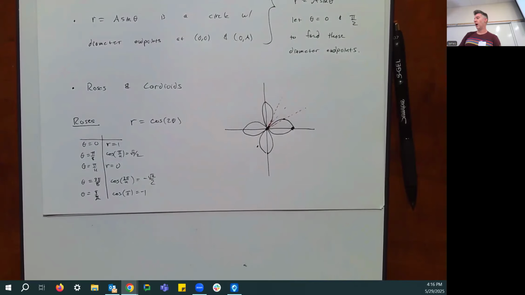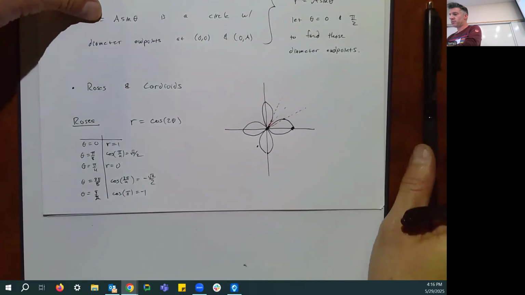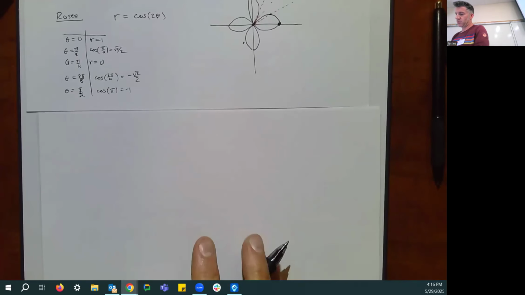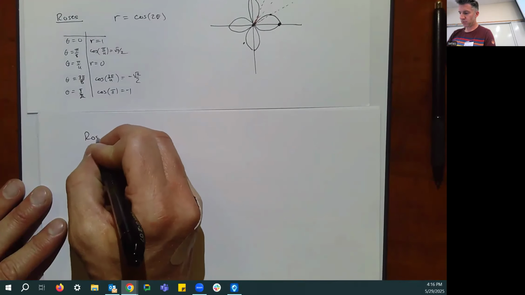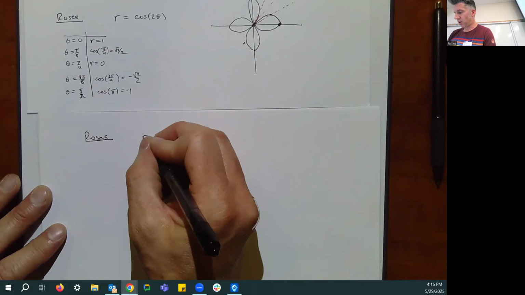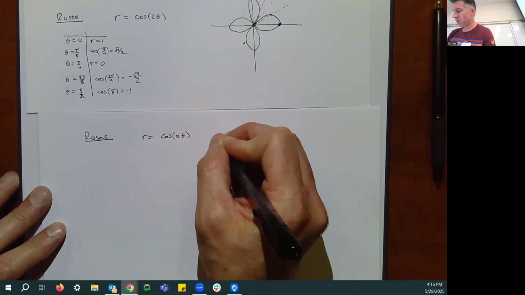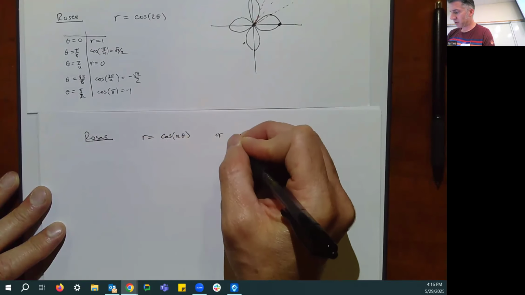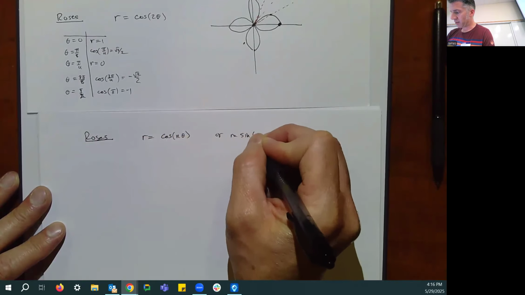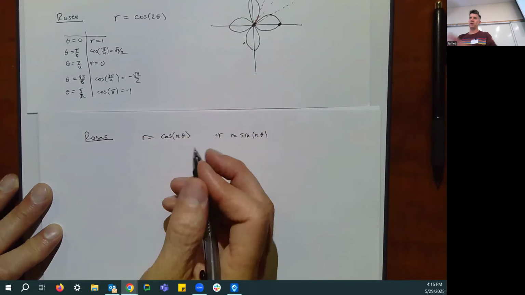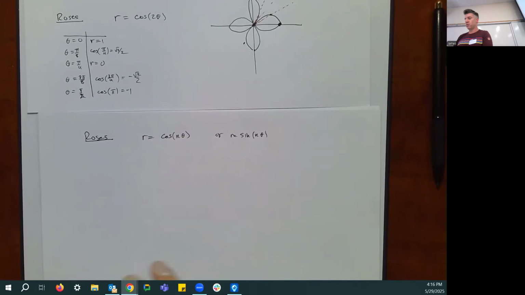Here's what you really ought to know about roses. r equal to either cosine of n times theta or sine of n times theta. And you can have a coefficient out in front, which will just make it larger or smaller.